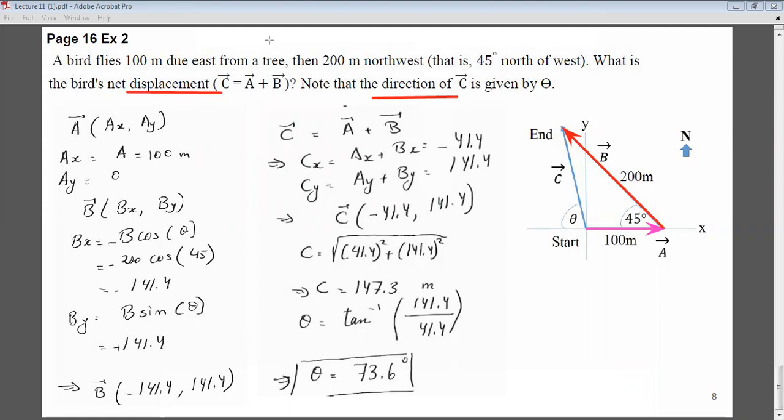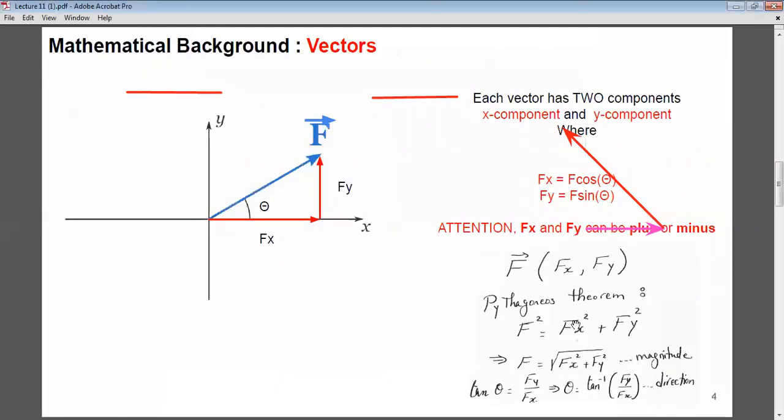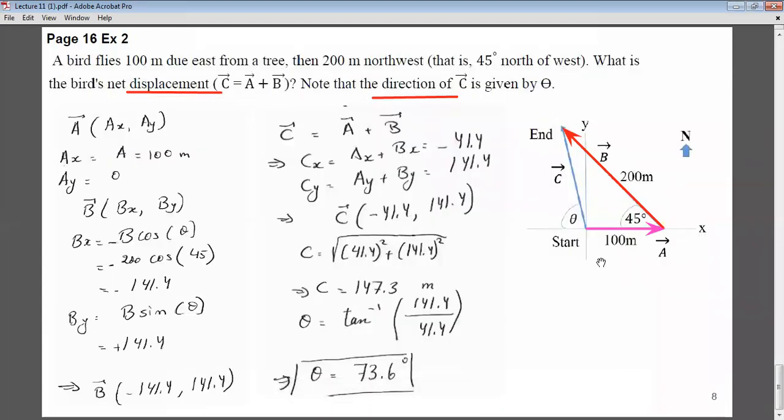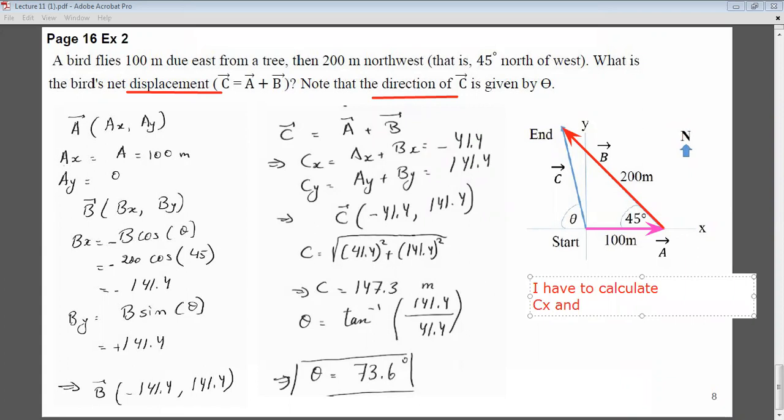So in order to get the magnitude and the direction, I have to remember that the magnitude of a vector is square root of Fx squared plus Fy squared. And the direction is tan inverse of Fy over Fx. So I have to calculate Cx and Cy.